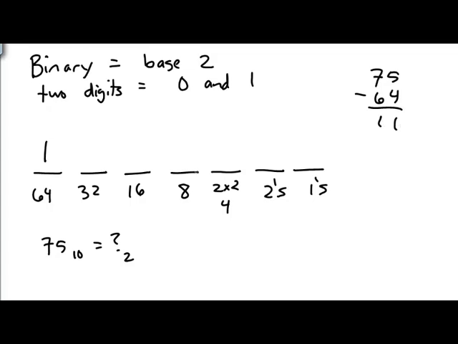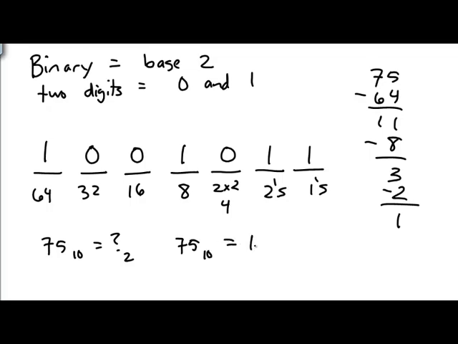We now have to make an 11 with the remaining places. There's not enough to subtract a 32, so we have no 32s. We don't have enough for a 16, so we have no 16. We do have enough for an 8. We can put one 8 in there, and we'll have 3 left. Not enough for a 4. There's one 2, and there's one 1. And therefore, 75 in base 10 is equal to 1001011.